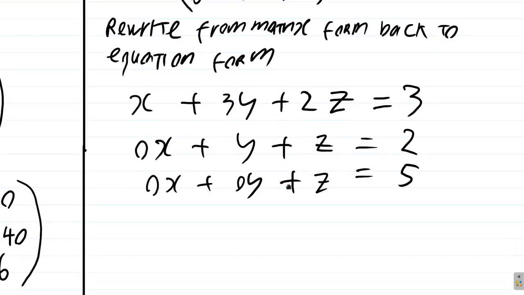Nice. You see these zeros, 0x, 0y, you could just leave them out, erase them. You don't have to have them. So we have it like this now.